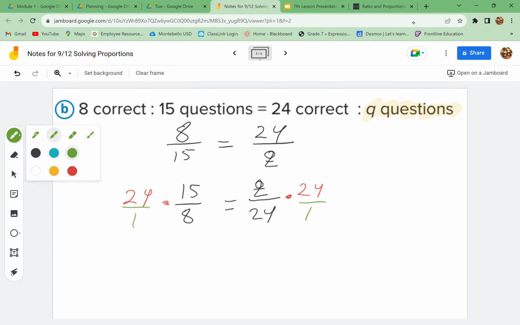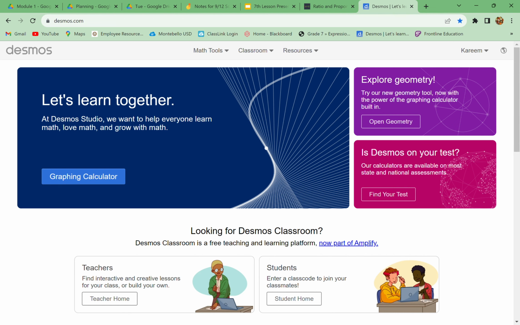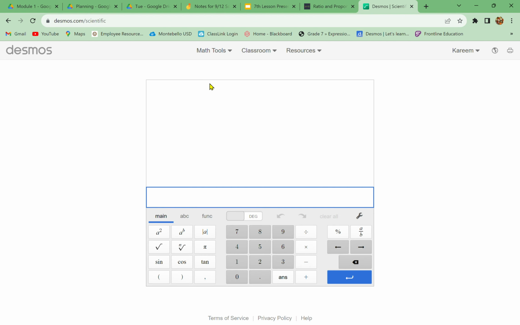So then what we're going to do is go ahead and multiply 24 and 15 together. I move the tab over, it makes it easier for me.